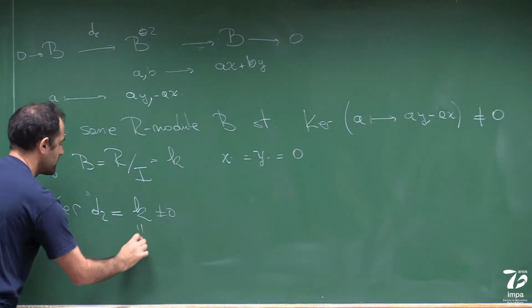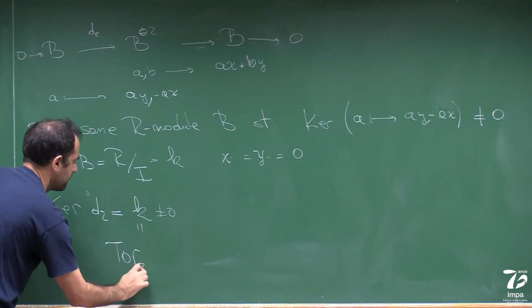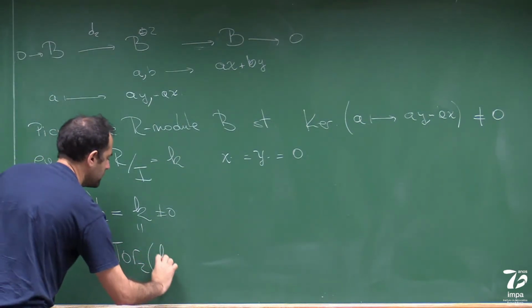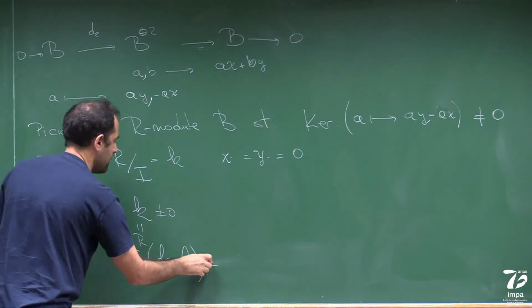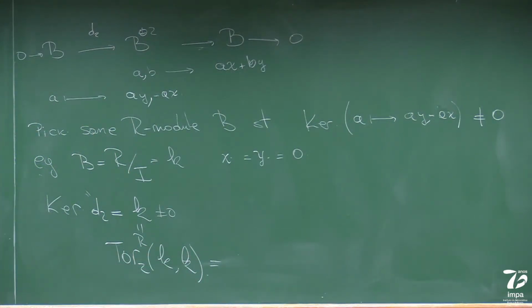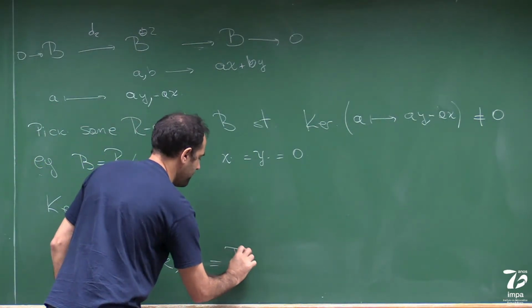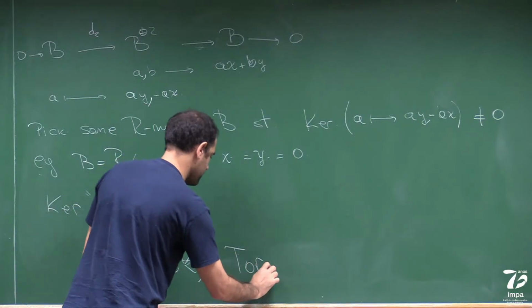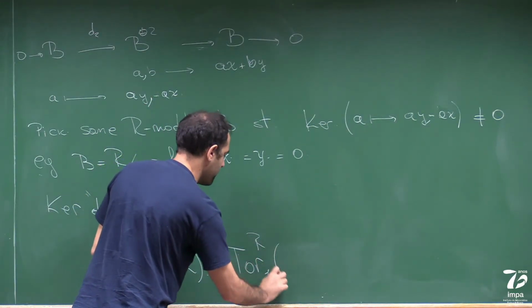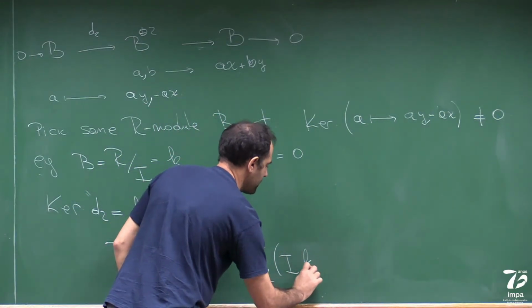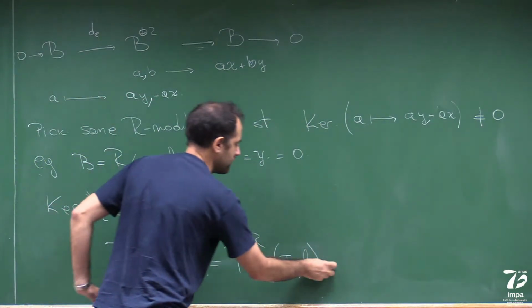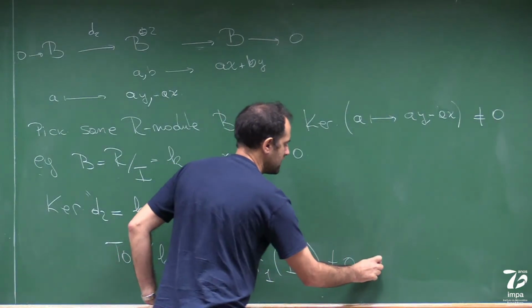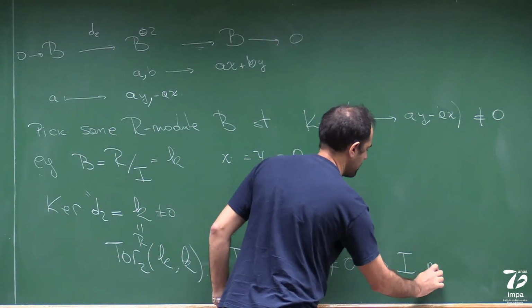And this is the Tor2, by definition, of K over R. But by this thing that we've proven here, this is the same thing as the Tor1 over R of I and K, which is non-zero. So this implies that I is not flat.